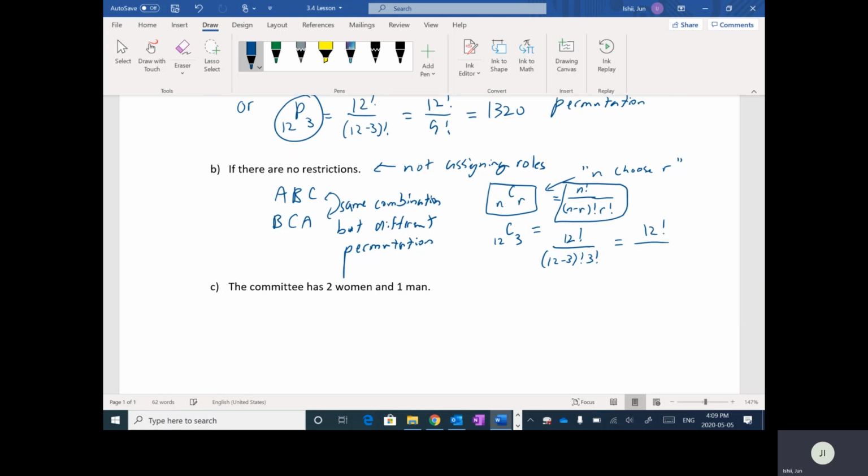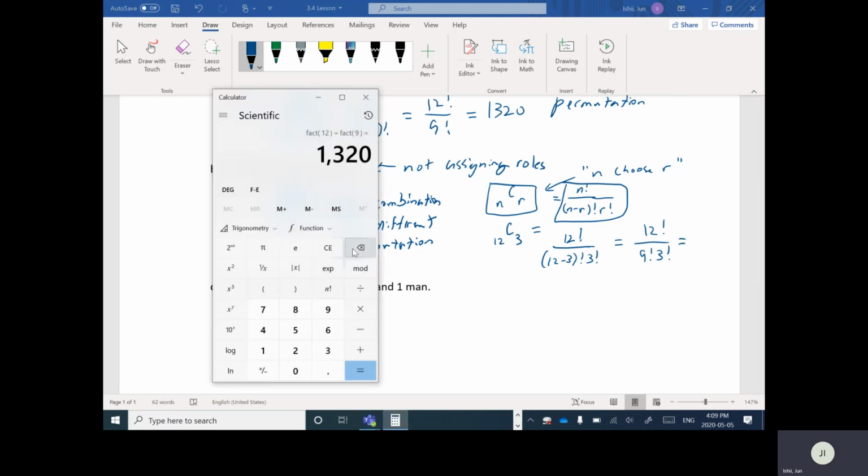I know that's a really big number, so I'm just going to leave it as 12 factorial divided by 9 factorial, 3 factorial. So when we work this out, calculator, 12 factorial divided by, bracket, 9 factorial times 3 factorial. Now close the bracket, equals 220.